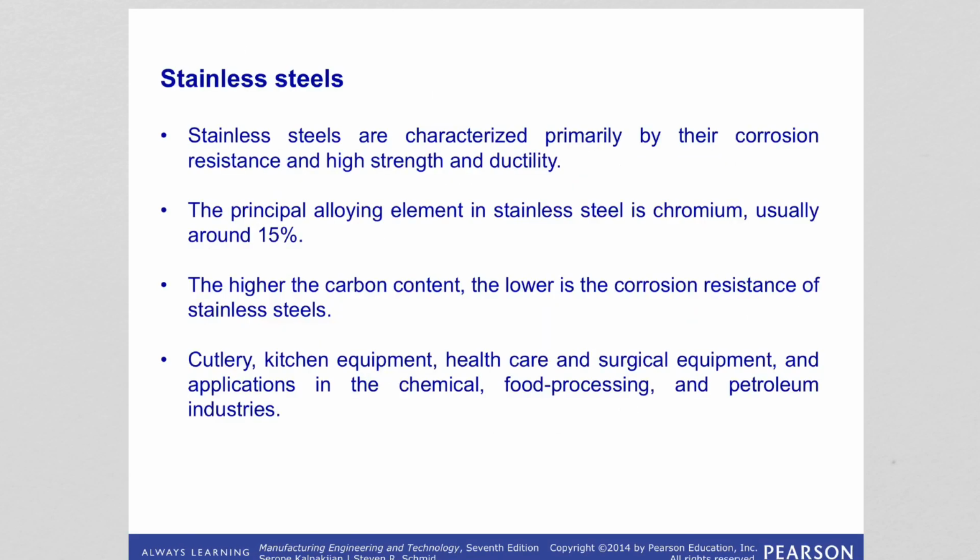So now stainless steels. Stainless steels are characterized primarily by their corrosion resistance, high strength, and ductility. The principal alloying element is chromium, which provides their corrosion resistance, at about 50%.